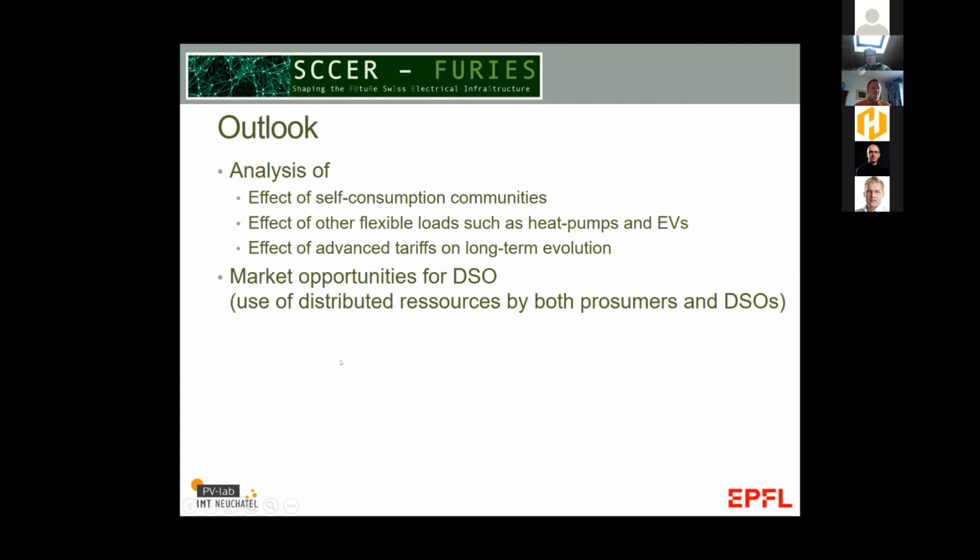And also look at how having distributed PV and storage could offer opportunities for the DSO, to manage these distributed resources jointly between prosumers and DSOs. And finally, we need to continue working on strategies to minimize the long-term overall investment cost.